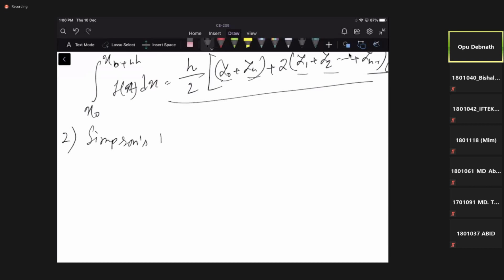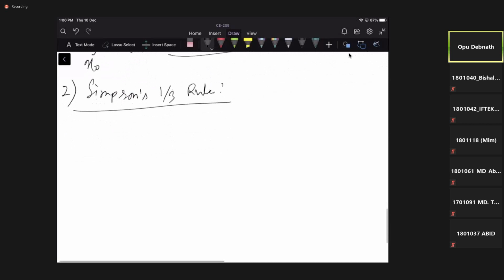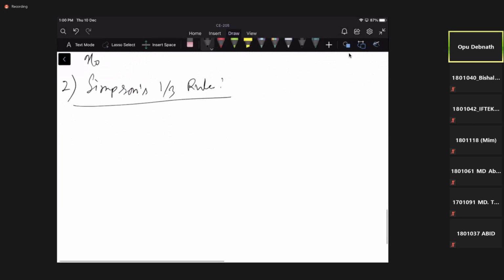Simpson's 1/3 rule. I think this Simpson's 1/3 rule is also known to you from surveying. In Simpson's 1/3 rule, we take n equal to 2, and we neglect third or higher order terms.